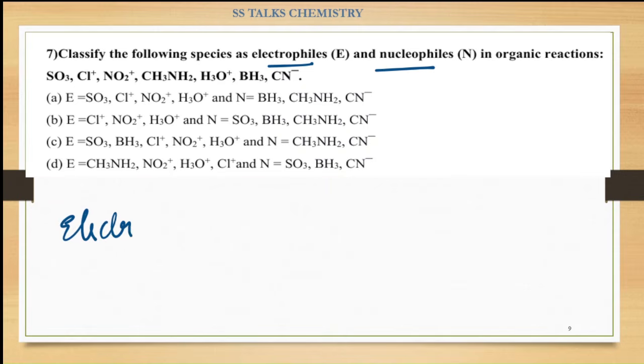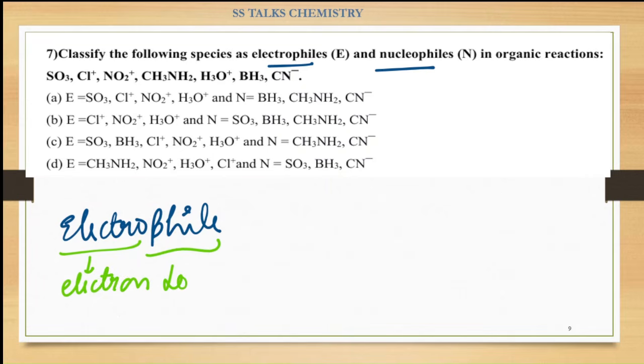Electrophile. The word electrophile means electron loving. It is made up of two words. The word electro means electron, and phile means loving. So those types of species which are electron loving. Which species will be loving the electrons? That which is itself electron deficient in nature, right?